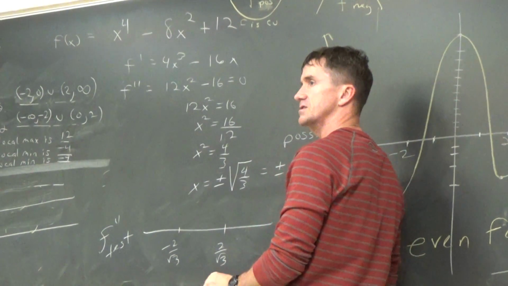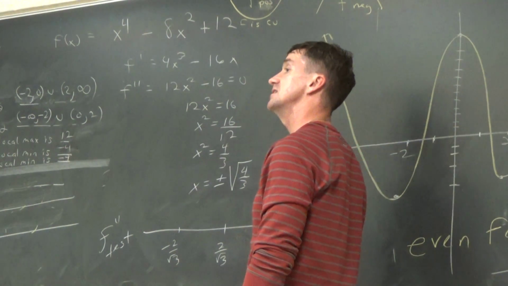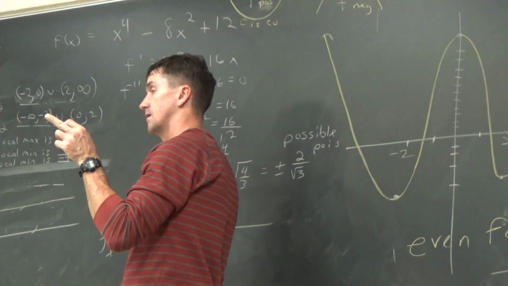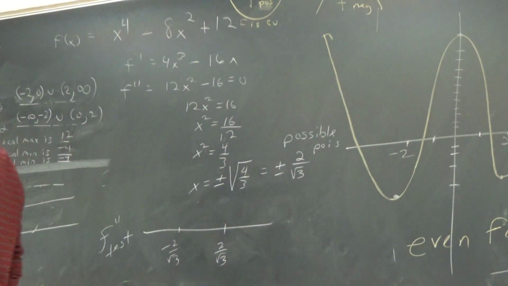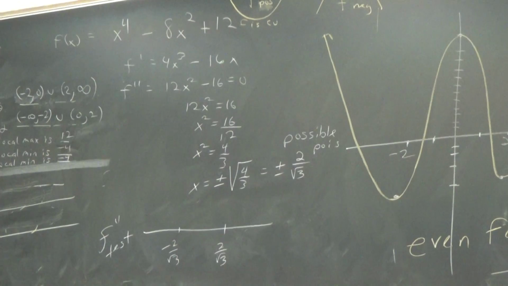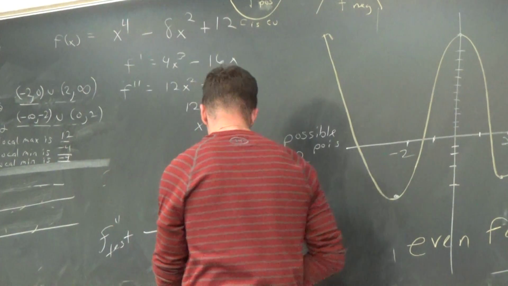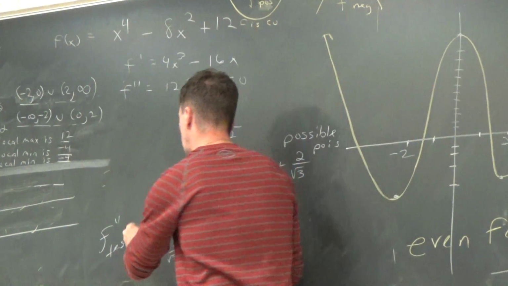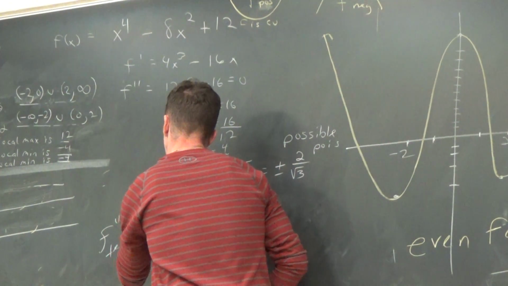Now, where am I plugging these? If it's a second derivative test, I test them in the second derivative. What's this going to tell me about? Concavity. You might want to rewrite the second derivative equation right here before we forget, so you plug into the right equation.